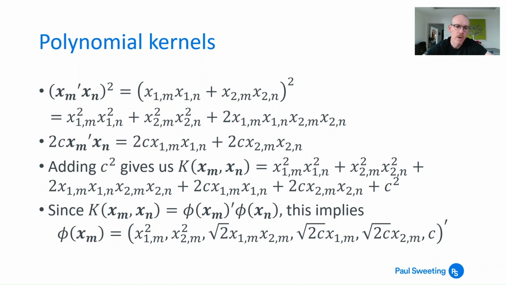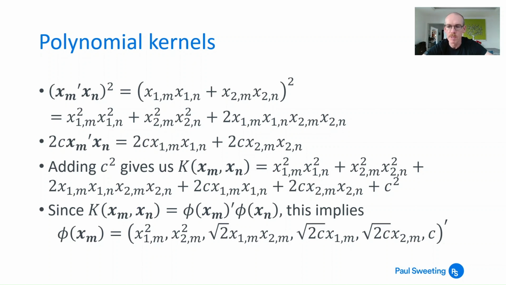Now, because k(xm, xn) is equal to phi(xm) transpose phi(xn), that phi being that transform function, what this implies is that phi of xm, the original mapping function, is x1m squared, x2m squared, root 2 x1m x2m, which we had before, but then also root 2c x1m, root 2c x2m and c, transposed.